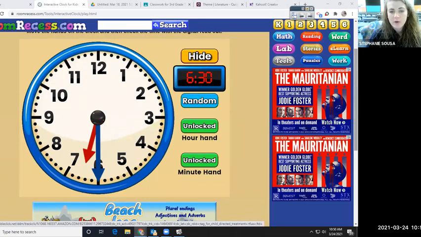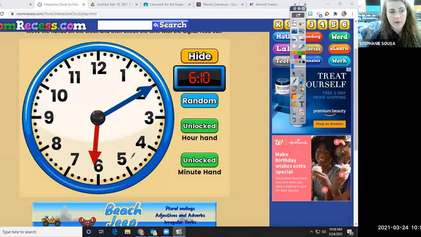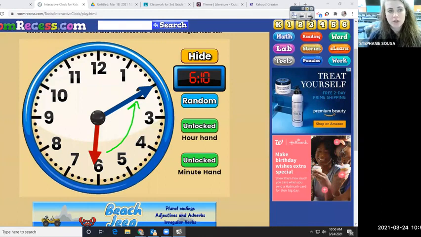We are moving backwards 20 minutes. So I'm going to count by fives because I know that I can get to 20 when I count by fives. 5, 10, 15, 20. And notice on my clock that I moved backwards because we are going back to when it started. 20 minutes earlier is 6:10.